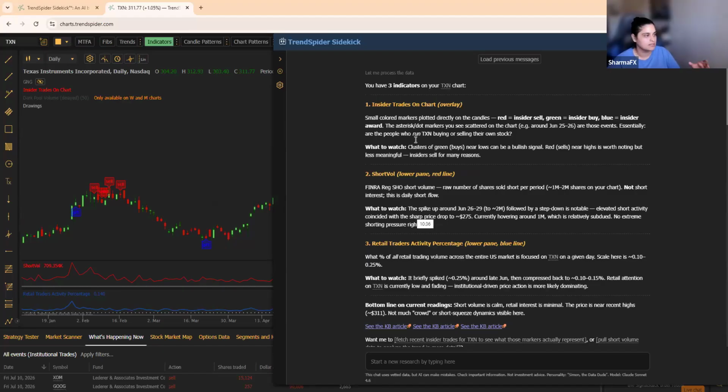That will let me know, because obviously, if there's a significant amount of sales happening by the executives, then you're going to see the stock price dropping as well. And so we see a cluster of that, and then the stock price did drop. The red line here is the short volume. This is the FINRA Reg SHO short volume, the raw number of shares that are sold per period. So about 1 to 2 million shares were sold right up top here.